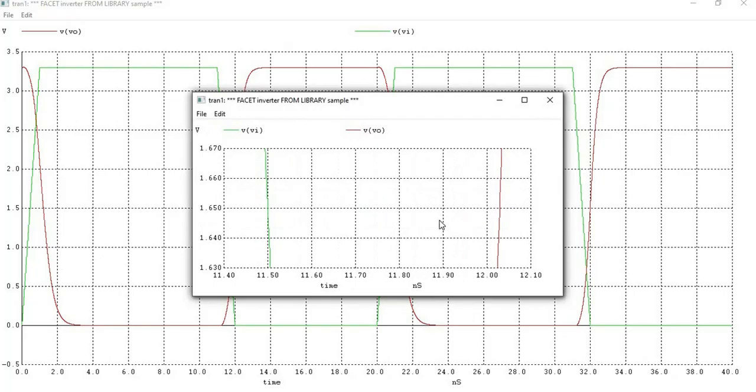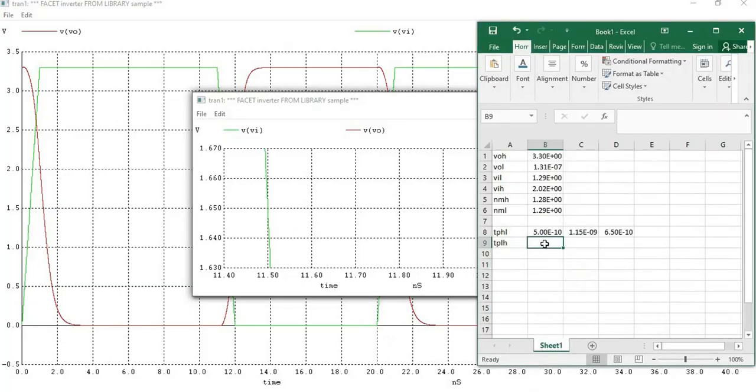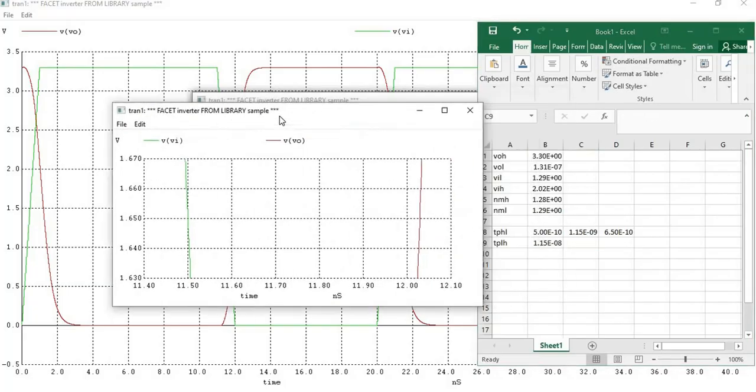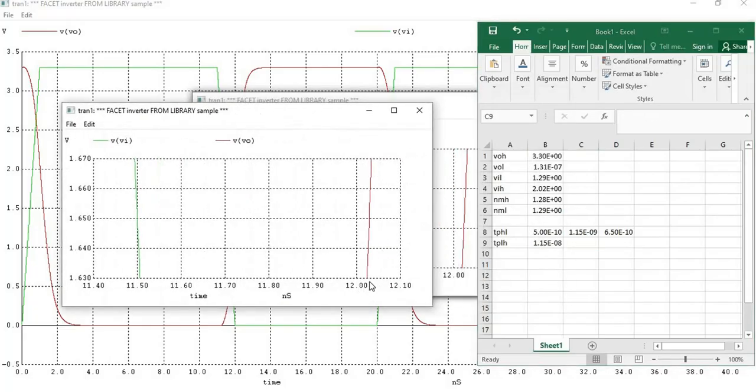So this would be the values. 11.5 nano, 11.5e-9, and 12 point at 1.65, around 1/4 of the square division.